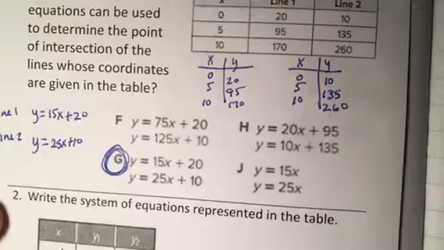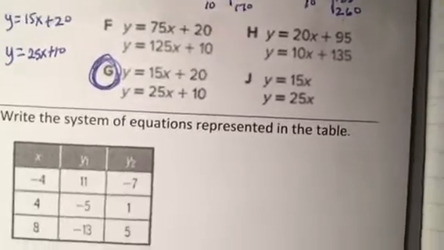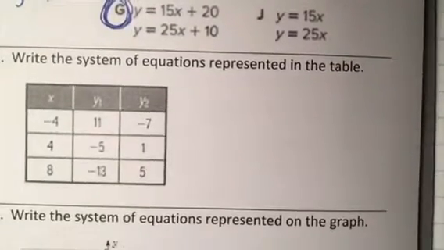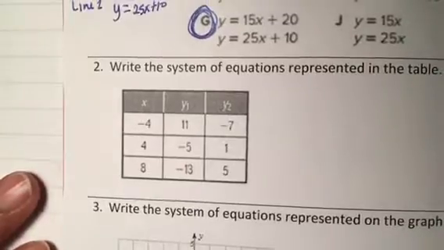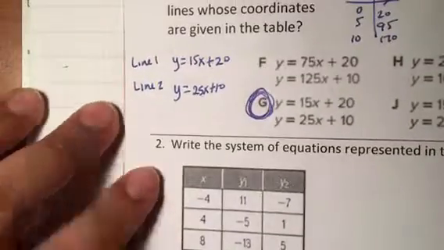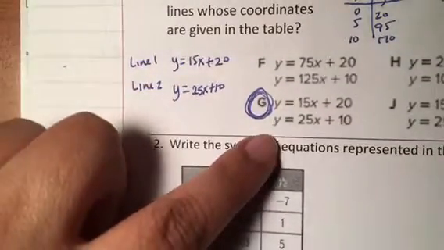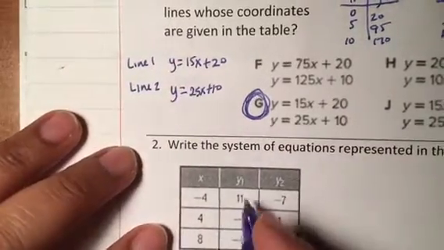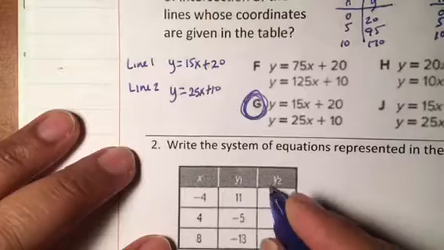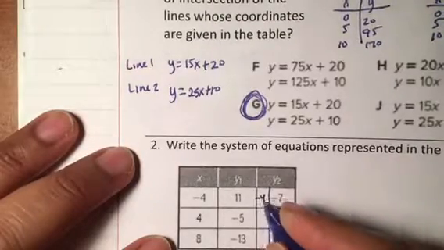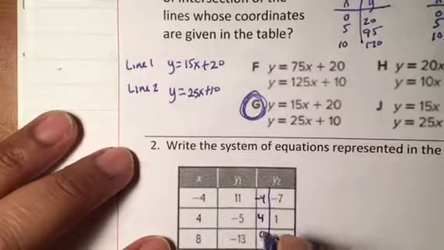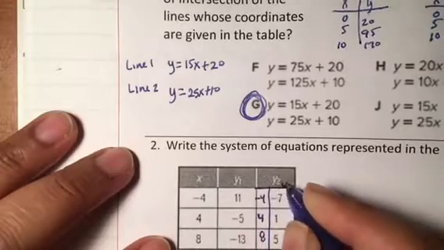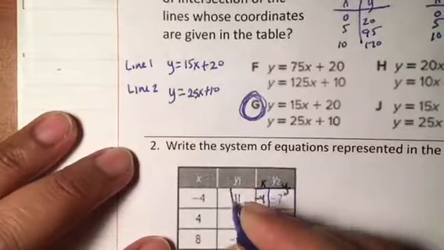Alright, so on this next one, it doesn't give us answer choices, but that's okay because we did this before we got an answer choice. So again, this is like saying -4, 4, and 8, where this is my y and this is my x.